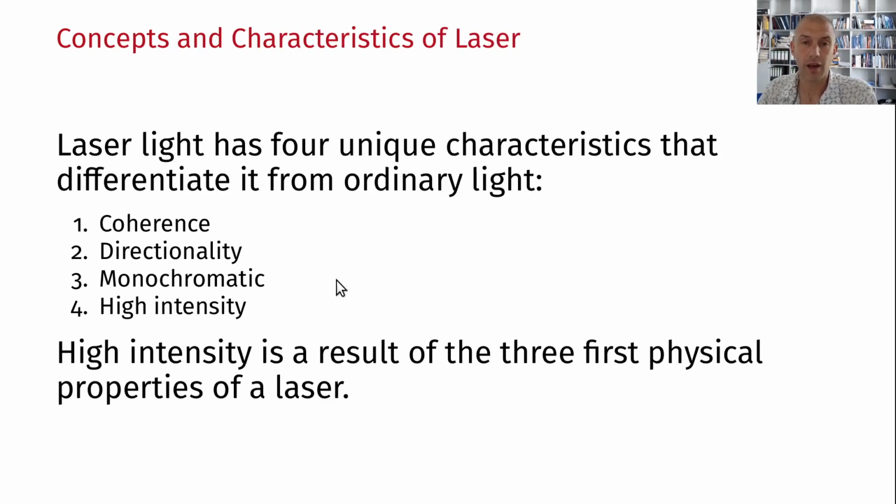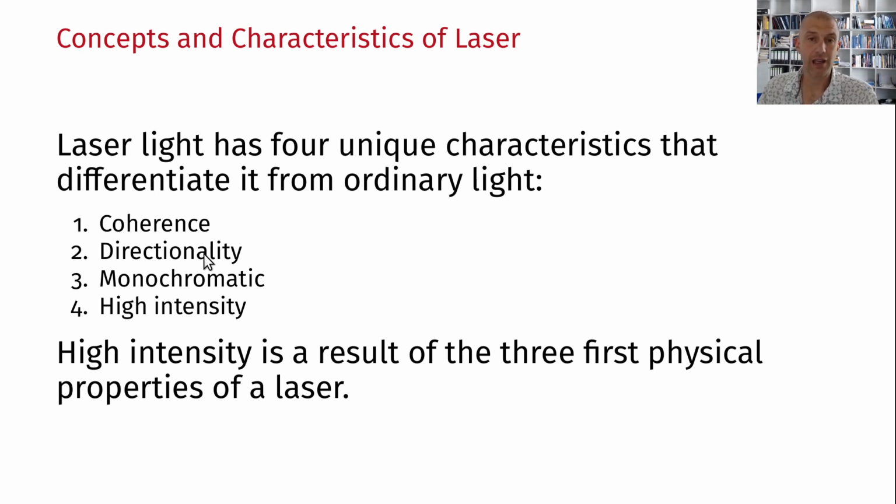Laser light has 4 unique characteristics, and those 4 unique characteristics made LiDAR observations possible. In the past 2 decades, there have been significant advances in laser technologies, but the core concepts remain the same. Laser light is fundamentally different from ordinary light. We have coherent light, meaning that all the emitted wavelengths are in phase.